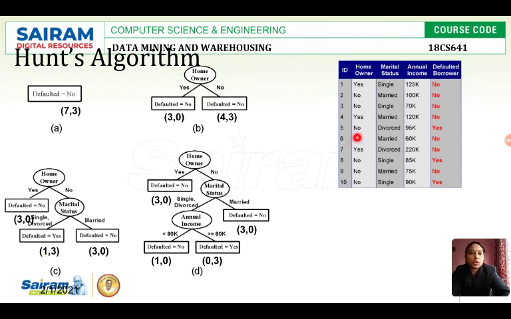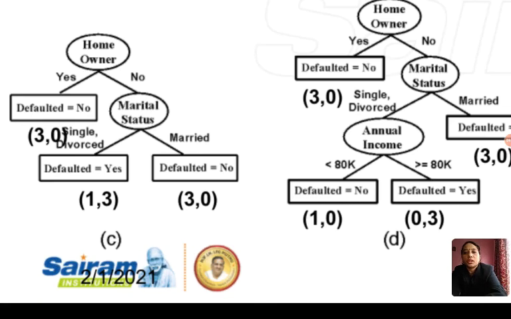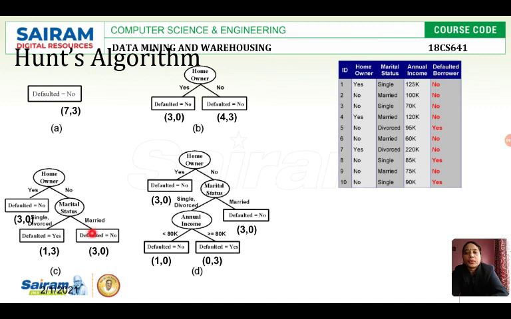They are not homeowner, they are single or divorced, but they are not defaulted borrower. This is the only person who is satisfying this condition. So I am putting here 1.